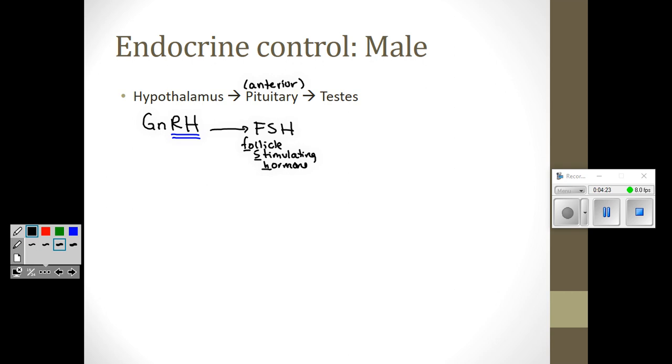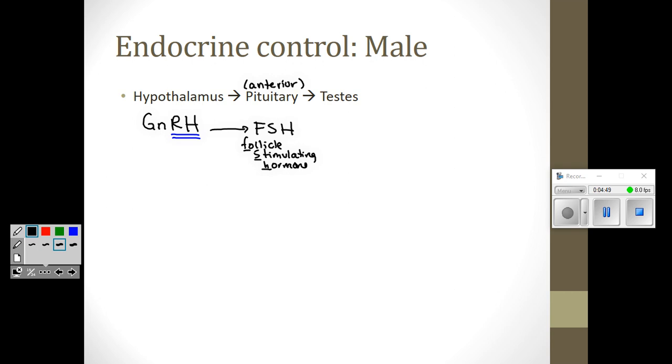Where's the follicle in the male reproductive system? But when we get onto the female reproductive system, you'll see that its name is very appropriate because the follicle is the structure there. It's not the greatest name here, but because these hormones have basically the same function in males and females, it is the thing that is stimulating the differentiation of germ cells into eventually the gamete that we're going to produce.